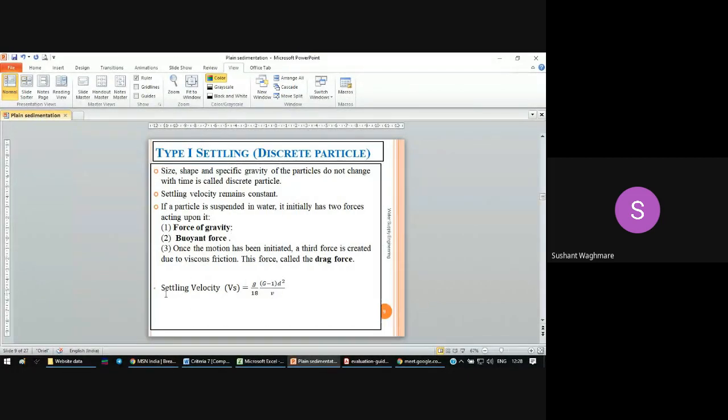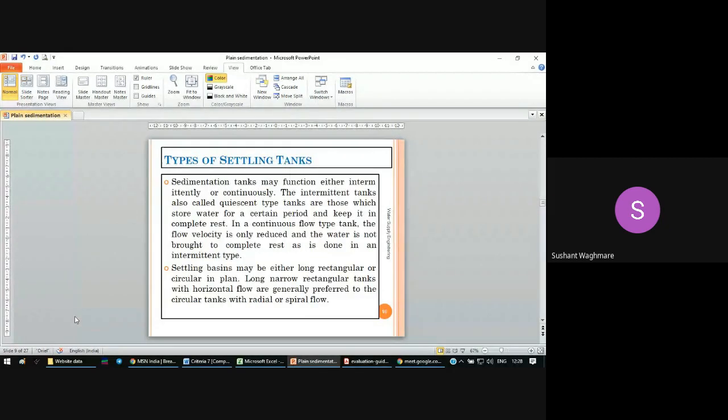Based on that, we can calculate Vs, which is the settling velocity. Now remember this formula is also called Stokes law for finding out the settling velocity. This formula was derived in 1851.